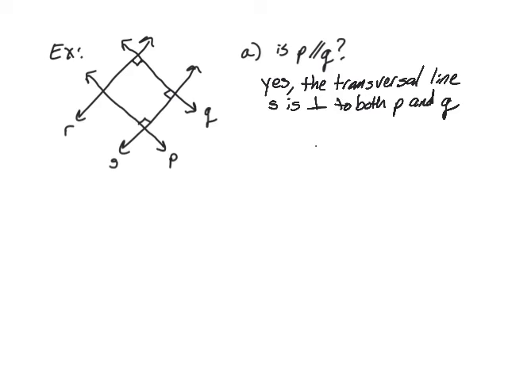All right. The second question, is P perpendicular to R? Well, let's look at that. We now know that P and Q are parallel, so we have to build from the first answer. Our third theorem says if a transversal is perpendicular to one of the parallel lines, it has to be perpendicular to the other.